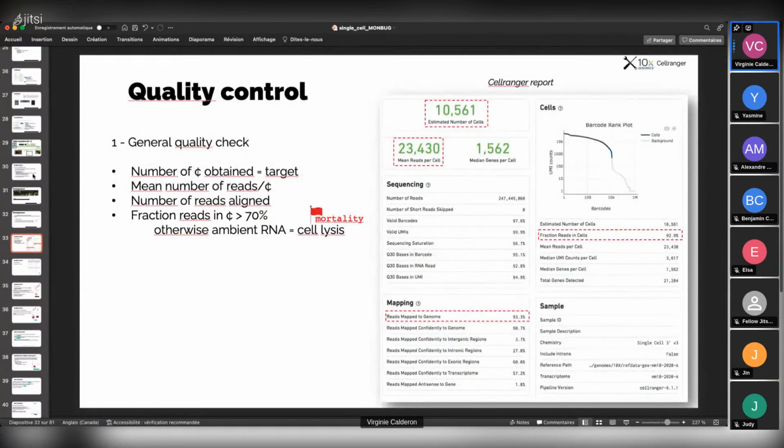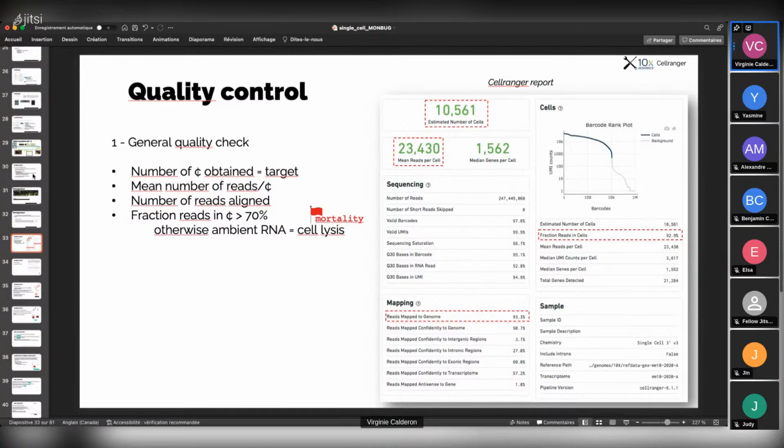So for the quality control, as I said, the first step is to look at the general quality of your experiment with the CellRanger report. You have on the right here one summary from an experiment. It's an HTML web page produced by CellRanger. You have a lot of information, but I will just focus on the most important ones.